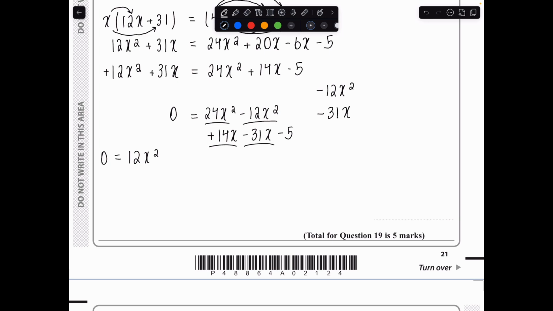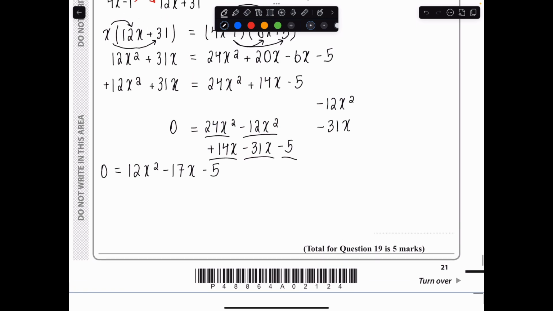So in this case, because it's a calculator paper, you can do 14, take away 31 on your calculator, and we're left with negative 17x. And then we just have a negative 5 remaining. So from here, we've simplified our quadratic. But the next thing that we want to do is actually get a value for what x is.